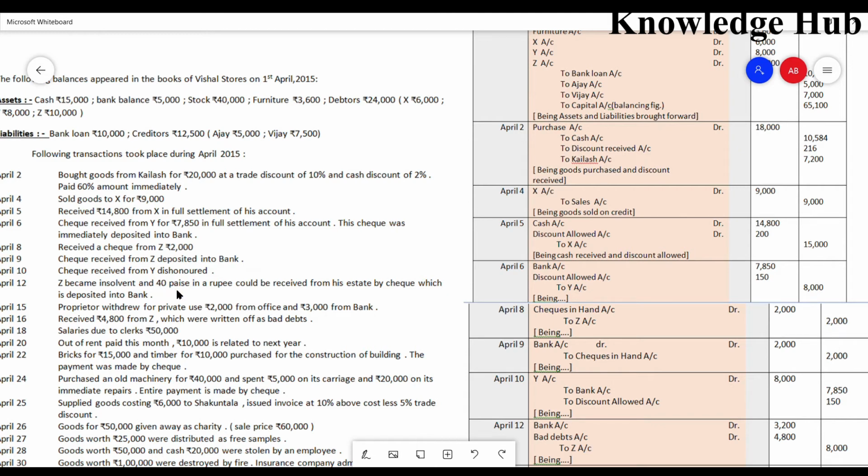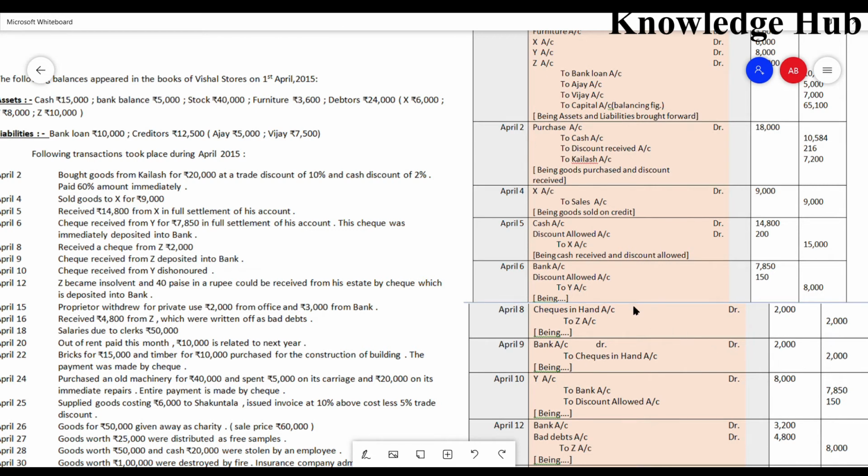If we carefully look into the previous transactions, we'll be able to find out that Z had been debited previously in the opening balance for rupees 10,000. Again, we received on April 8th a check of rupees 2,000 which was deposited into the bank on the 9th.